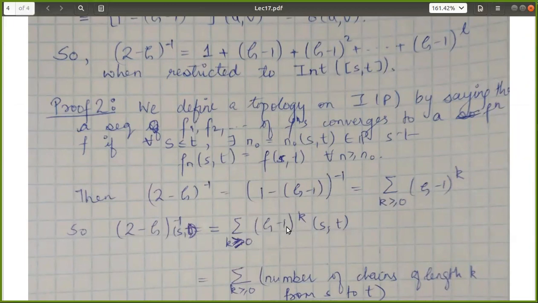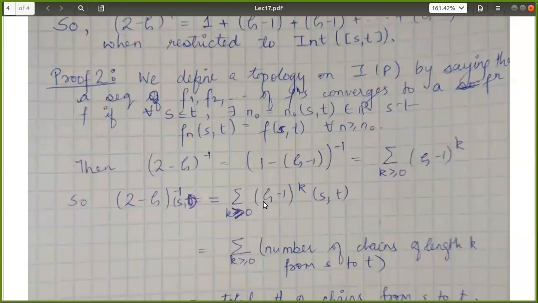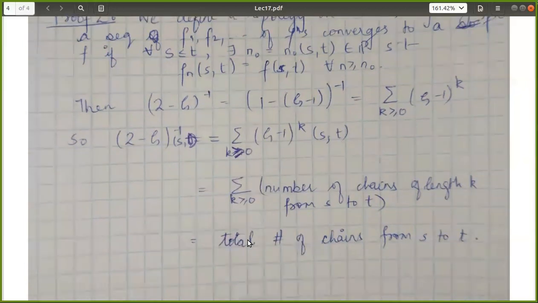However, this would vanish because the interval st is finite. P is locally finite. So this huge sum which you see as an infinite sum here actually terminates and has only finitely many terms, and those terms precisely give you the total number of chains from s to t.